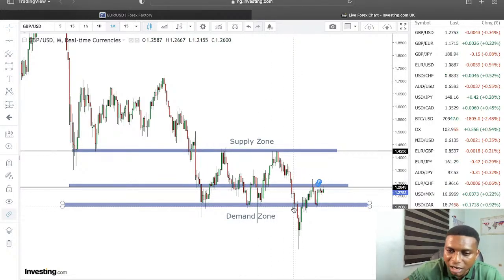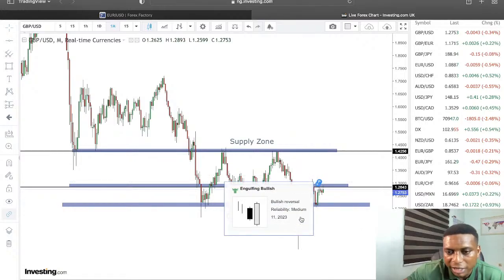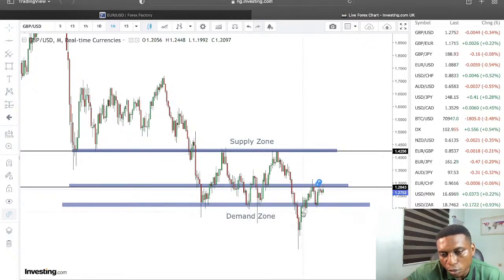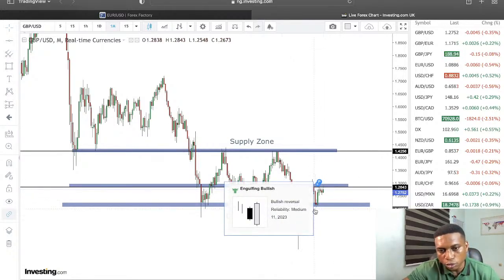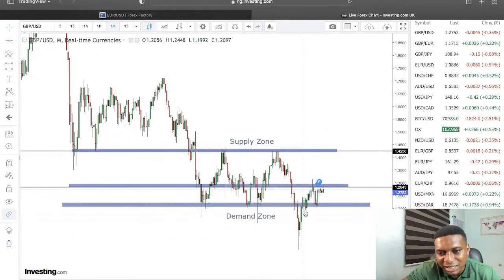After the breakout, we then see price navigating back up.